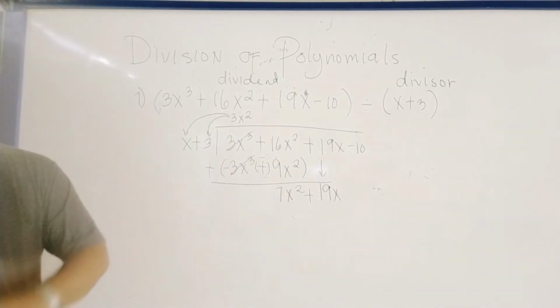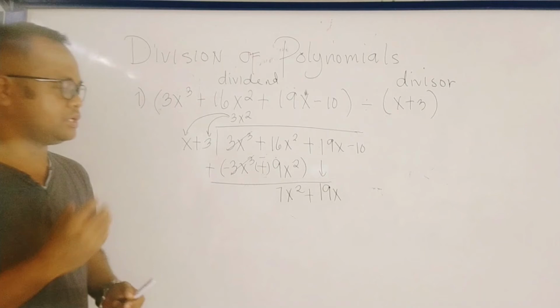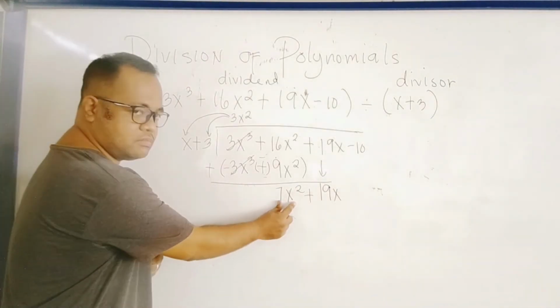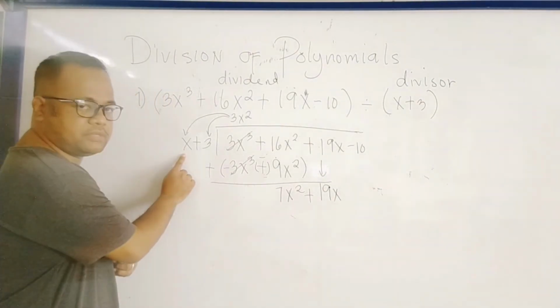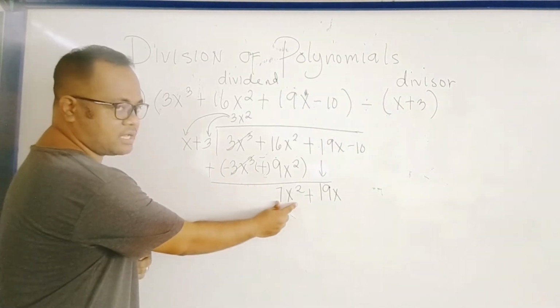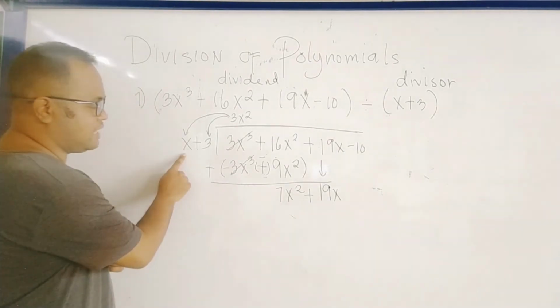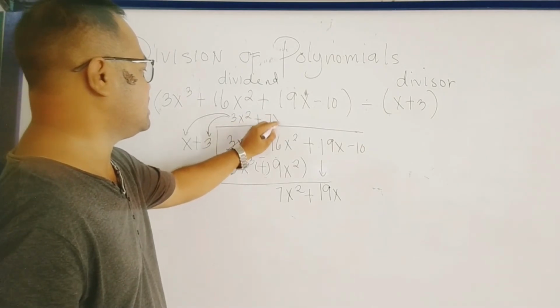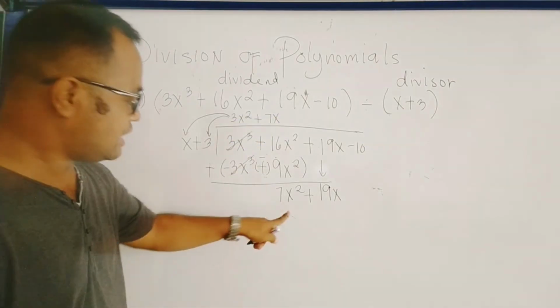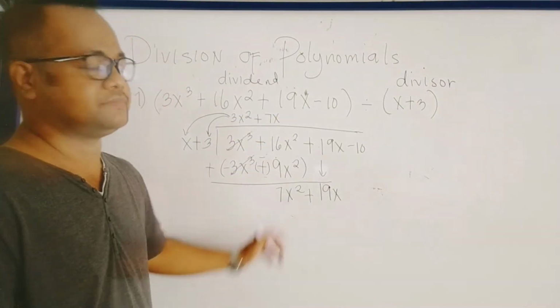Then, repeat the procedure. You divide the first term of the dividend by the first term of the divisor. 7x squared divided by x is positive 7x. We just remove one x there.